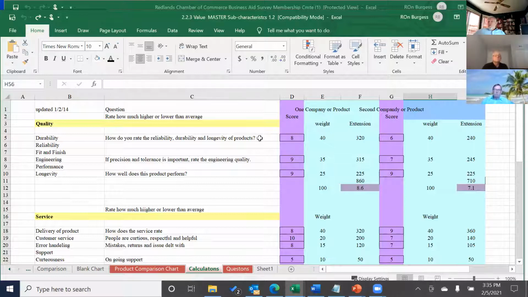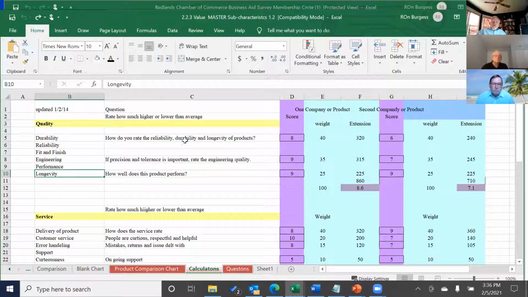That's not close enough. So you say, well, what does quality mean? And here are some of the sub characteristics of quality: durability, reliability, we talked about fit and finish, engineering, performance, longevity, and you could think of others. And in some industries, there might be other things you could put in there.